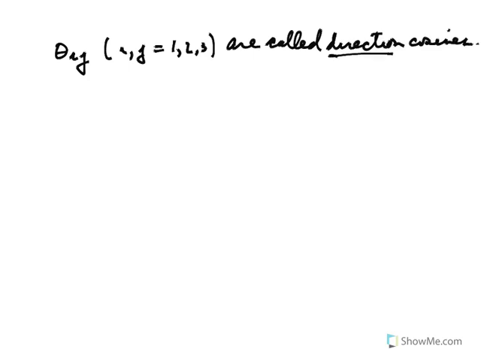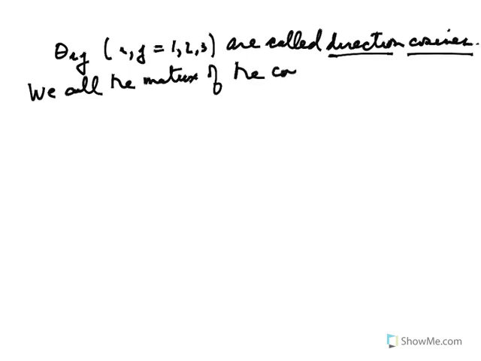And as a result of these direction cosines, we can assign a name to this matrix of coefficients. We call the matrix of the coefficients Cij the direction cosine matrix, because all of these are direction cosines.